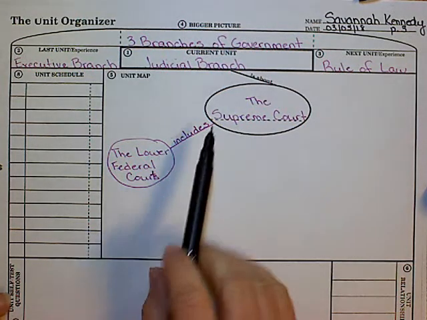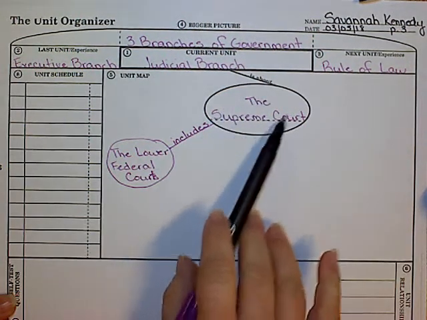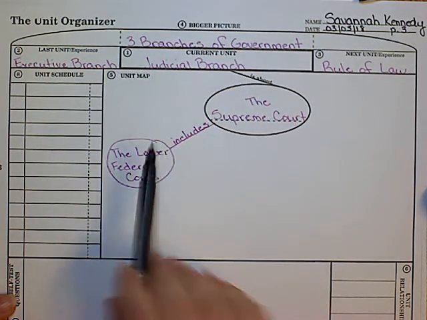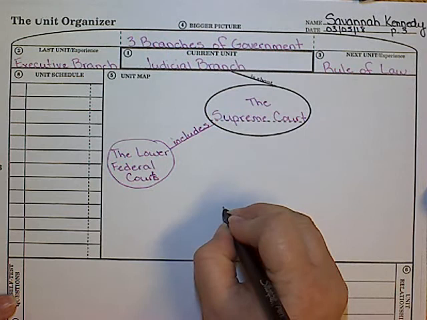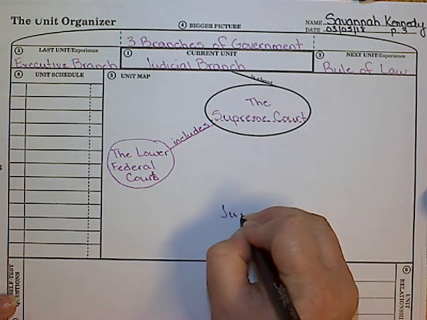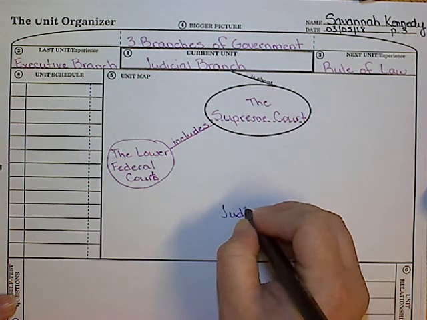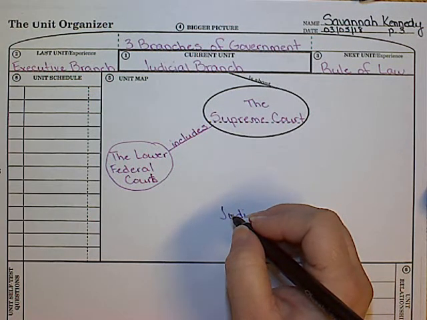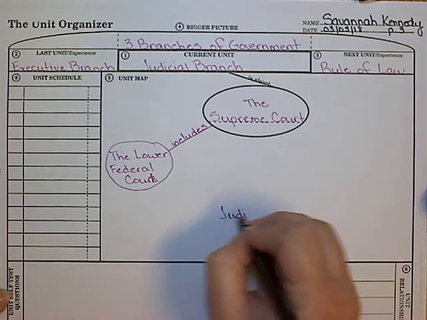So I need you to understand the relationship, that the Supreme Court is the overall picture, and that includes the lower federal court. Our second area we're going to talk about is the jurisdiction. Oops, I misspelled that. I apologize. Jurisdiction.